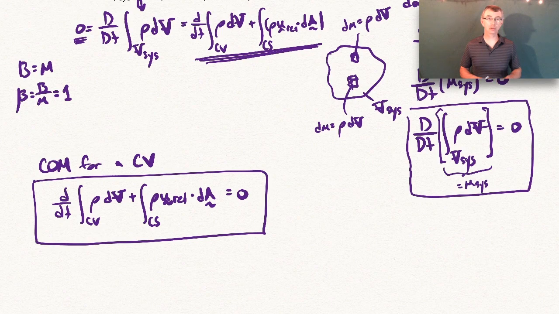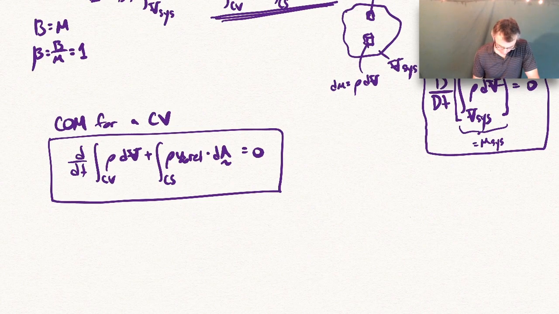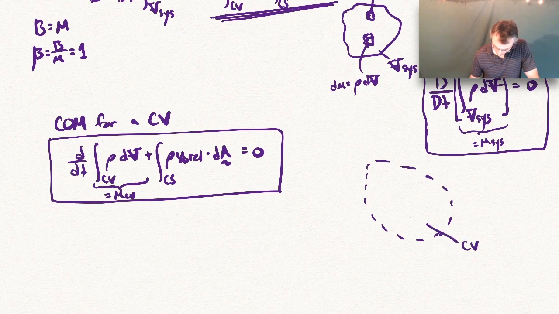Let me tell you what each of these terms are in this equation just to make it a little clearer. The very first term, the integral over the control volume of rho dV, is the mass in the control volume. If we have some control volume, in here we have all our little bits of mass, which are just rho dV, inside the control volume.